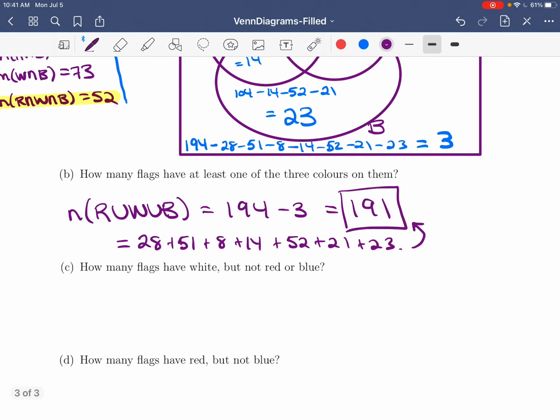Okay, how many flags have white but not red or blue? So that means we want the number that have white and don't have red, so we're in red complement, and they don't have blue, so they're in blue complement. Okay, this is a basic region.